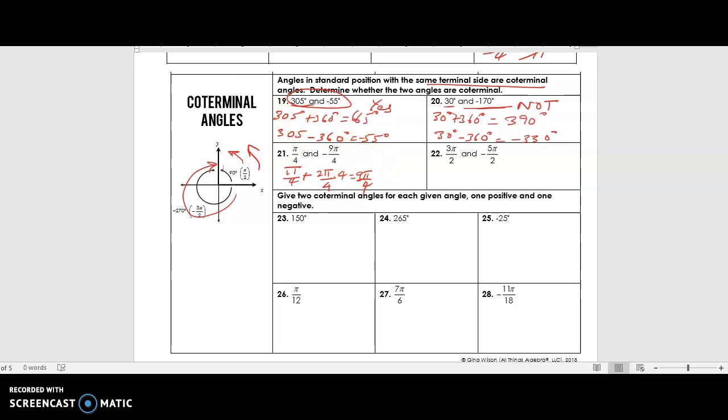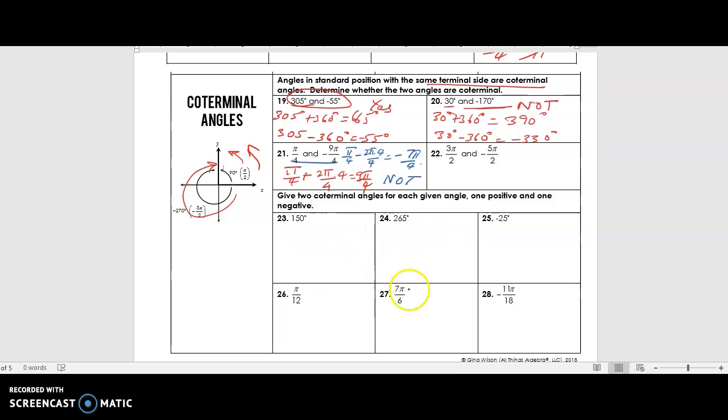And let me take another color so there will be no confusion. So pi over 4 minus 2 pi. Again, multiply and divide by 4. So pi minus 8 pi is negative 7 pi over 4. So none of these match the negative 9 pi over 4, so they are not coterminal angles. Okay, that's how you find these also.